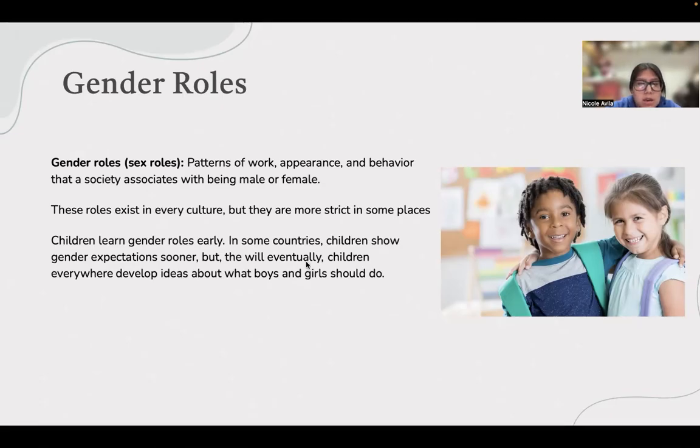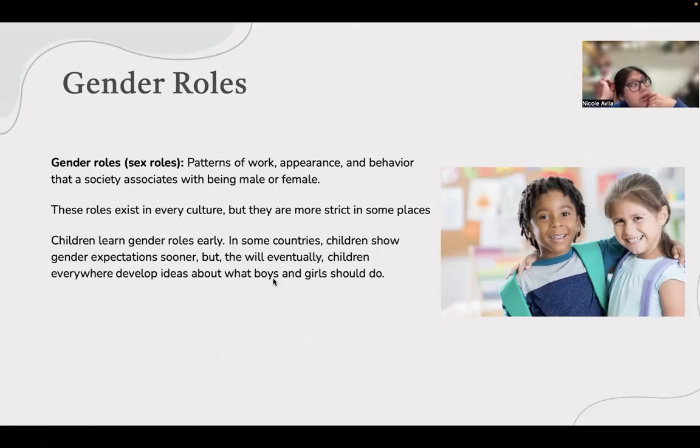Gender roles are influenced by culture and parenting, which helps us see how everyone should be themselves and what makes them happy, allowing boys to be boys and girls to be girls.